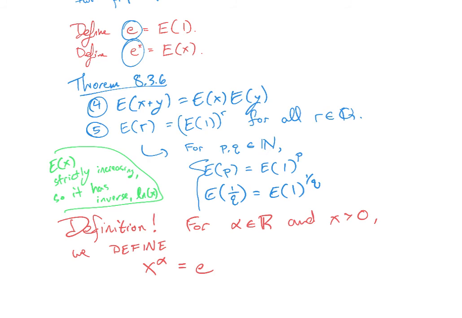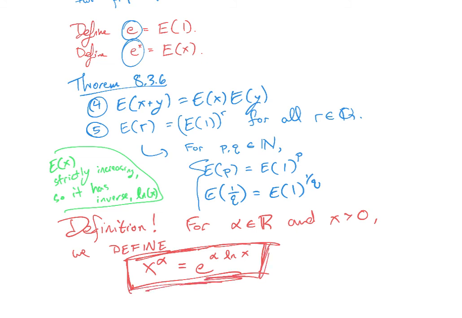Okay. And here's our definition of exponentiation. X to the alpha is e to the alpha ln x. Okay.